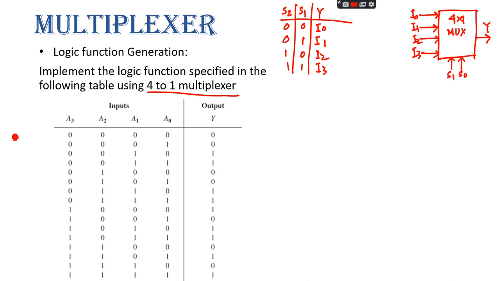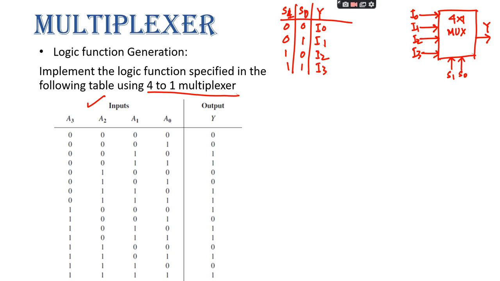So here how many inputs do I have in the truth table? 4, right? Sir, isn't that S0 and S1, sir? Sorry, S1 and S0, right?